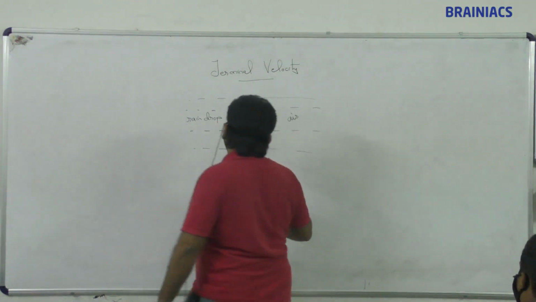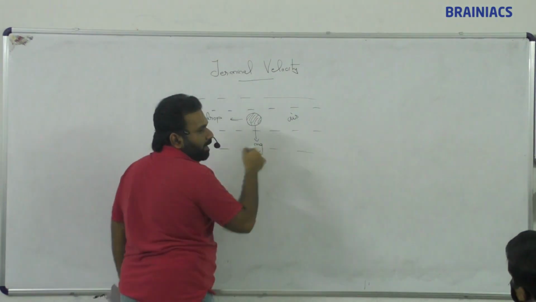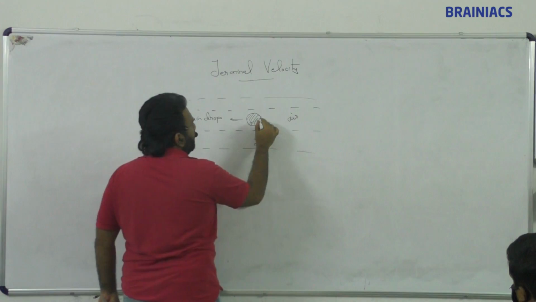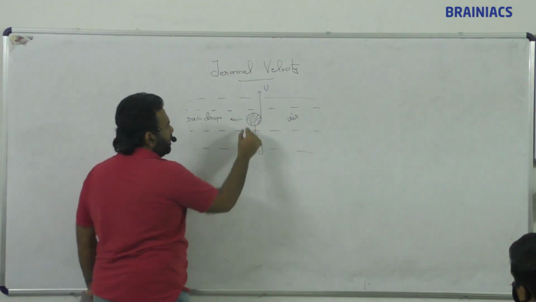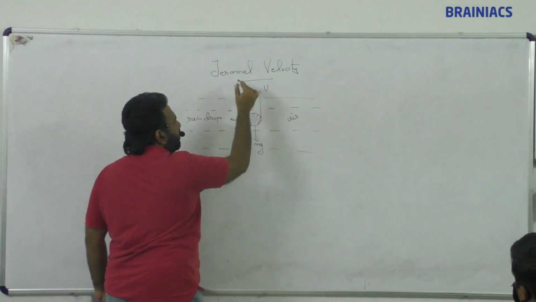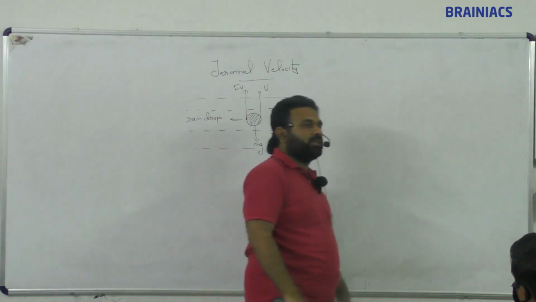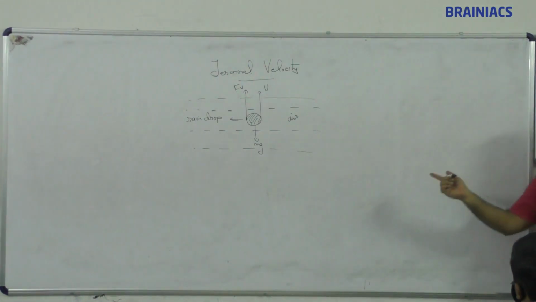When this is coming down, there is going to be mg acting down, there is going to be upthrust acting upwards, and what also will be there? Viscosity also will be there. This viscosity is nothing but air friction.